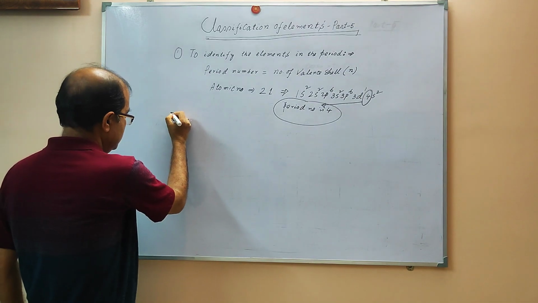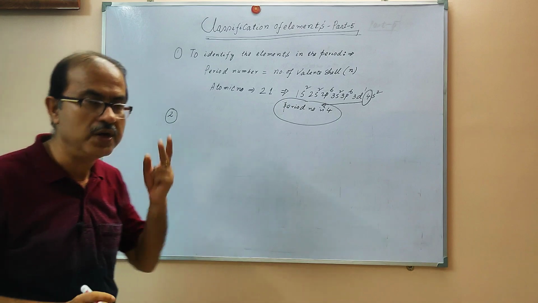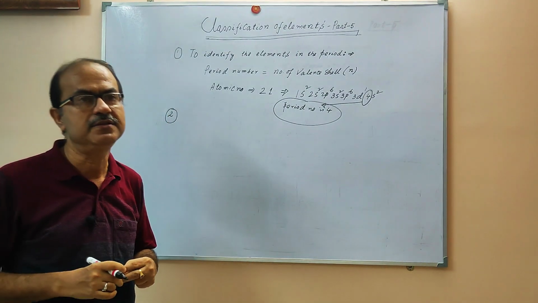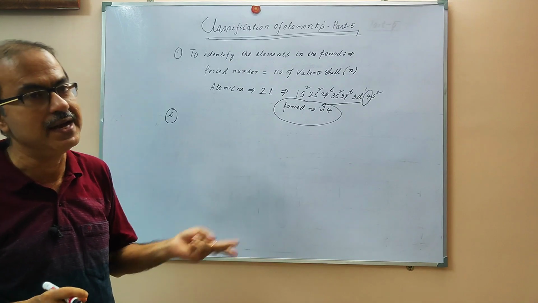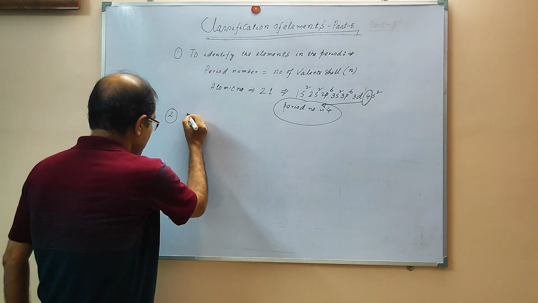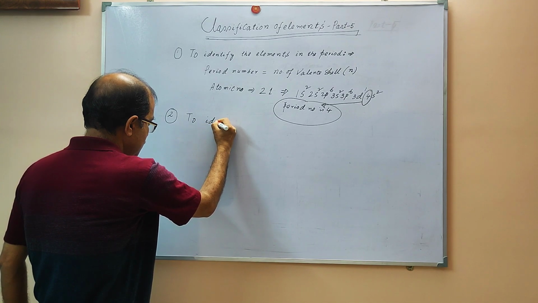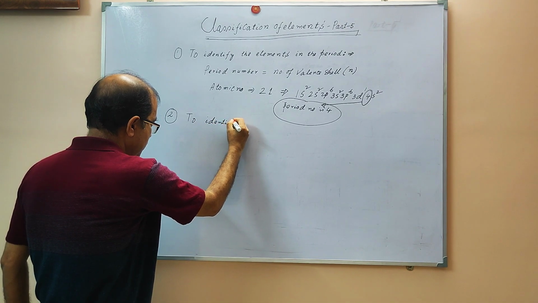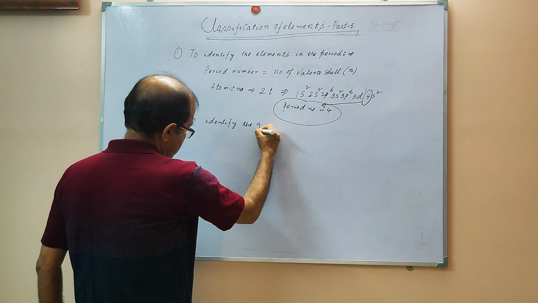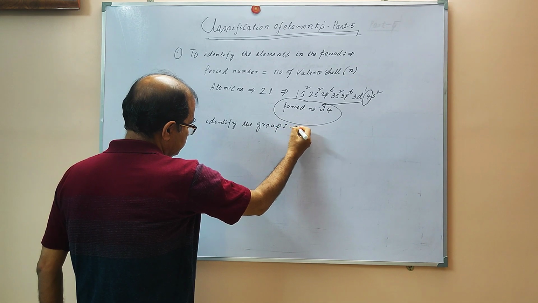Now the second thing that is important. When we want to tell about the position of the elements, that is basically its period, and another thing you have to say is the group. So to identify the group, what will be the group of this element?